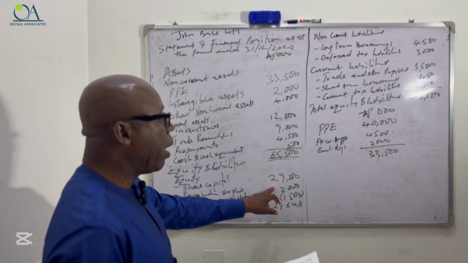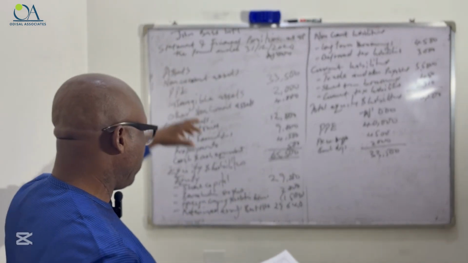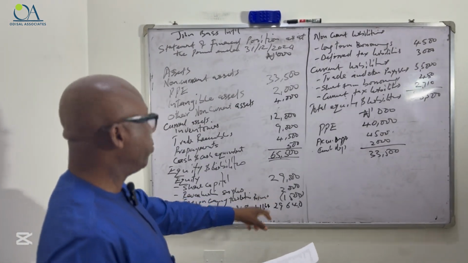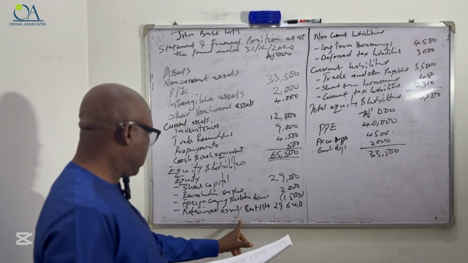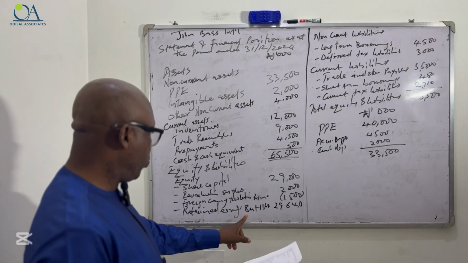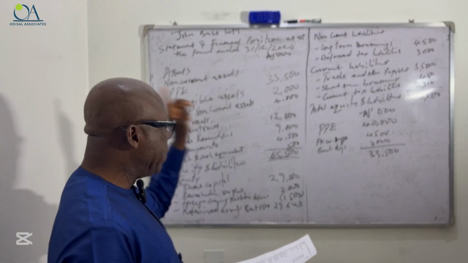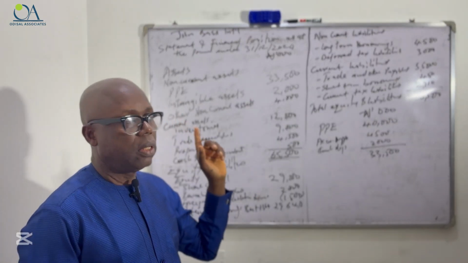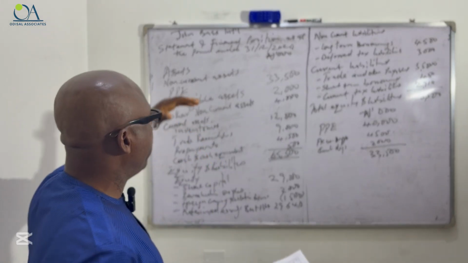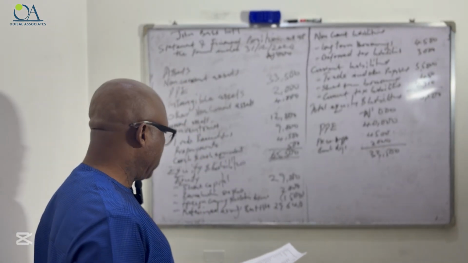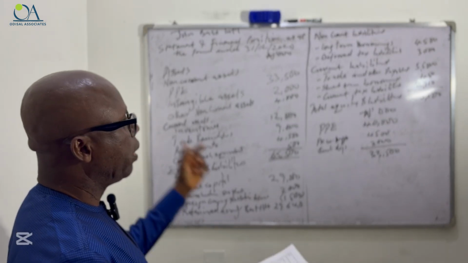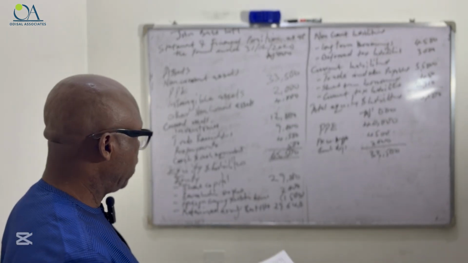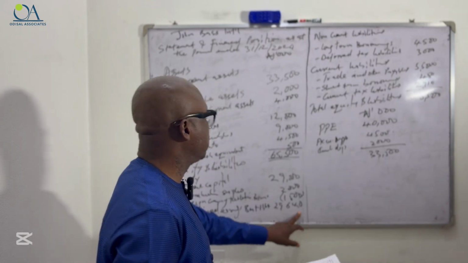You see that these were in other comprehensive income, and we are also bringing it here. Then we have retained earnings. It will be the 8 million that was in the trial balance, and 11,640,000 that we got for the year, which will give you 29,640,000.